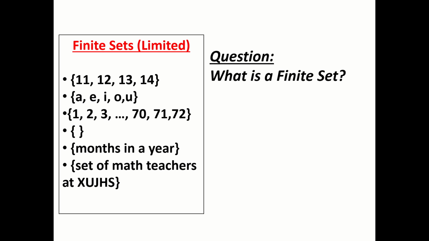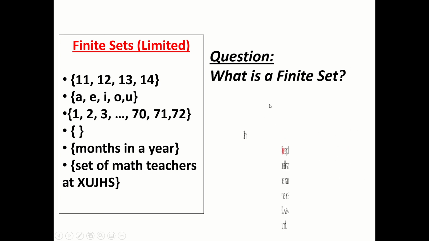Looking back at our set of examples a while ago, the finite sets here are 11, 12, 13, and 14, the set A, E, O, U, the set 1, 2, 3 up till 72, an empty set, months in a year, and then the set of math teachers.